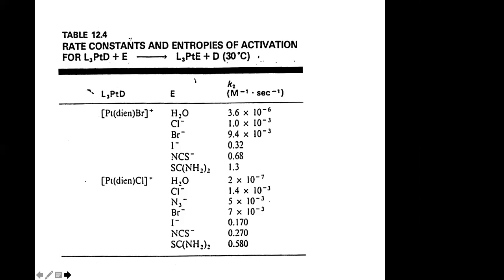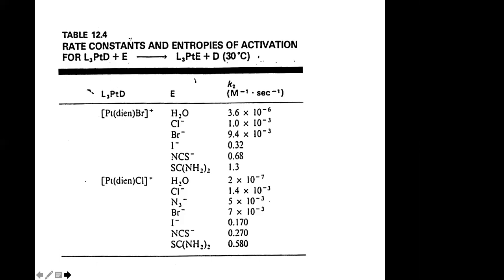And what you see is that there are large variations in the rate constant associated with this reaction, about 6 orders of magnitude here. That is not typical for a dissociative reaction and is what we would expect for an associative type of mechanism.